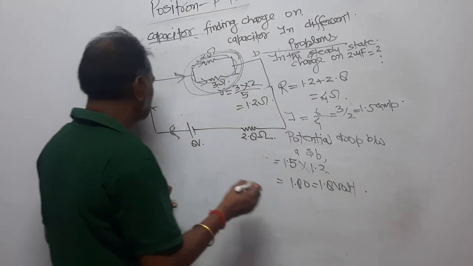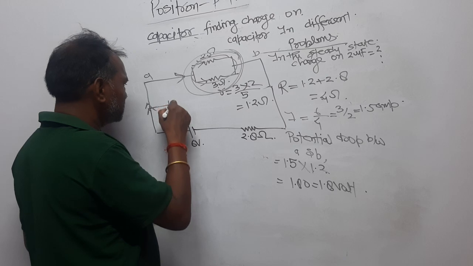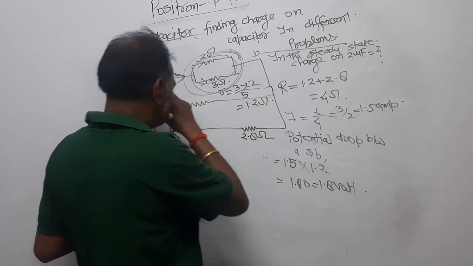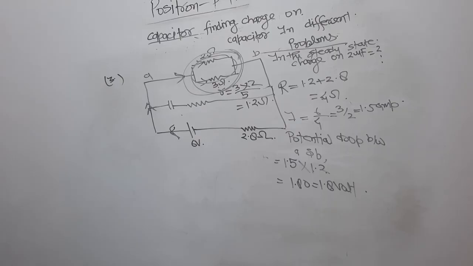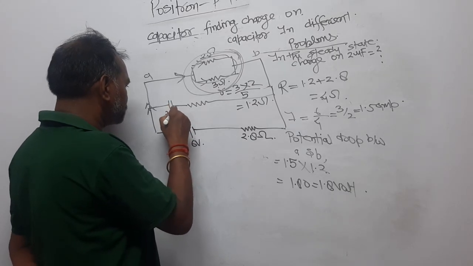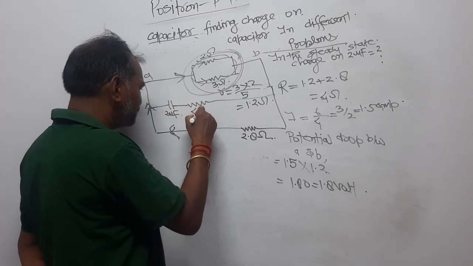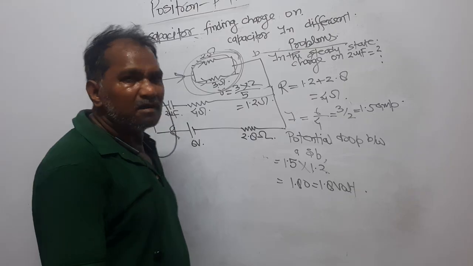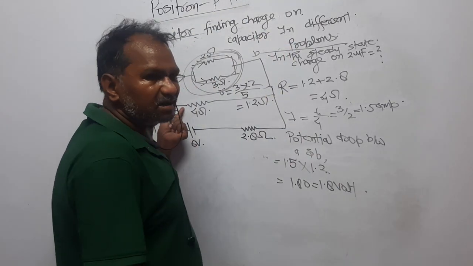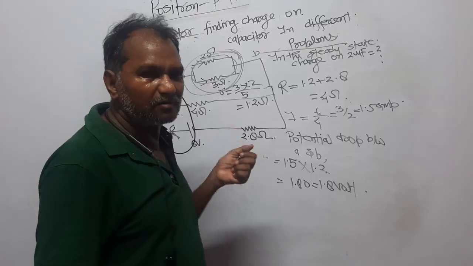Now dear student, here it was a capacitor of 2 microfarad and a 4 ohm resistor. Because of the steady state, once the capacitor is fully charged, it will receive no current at all.